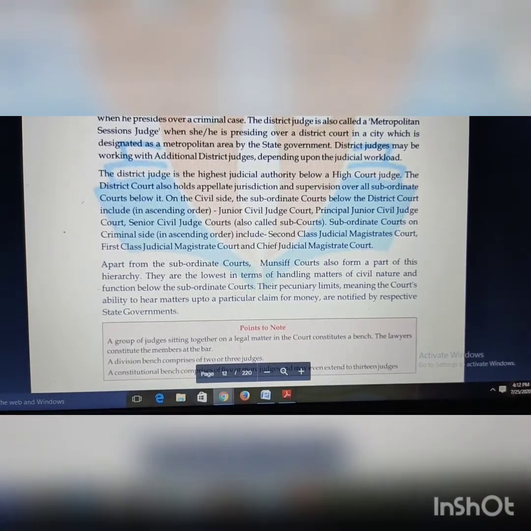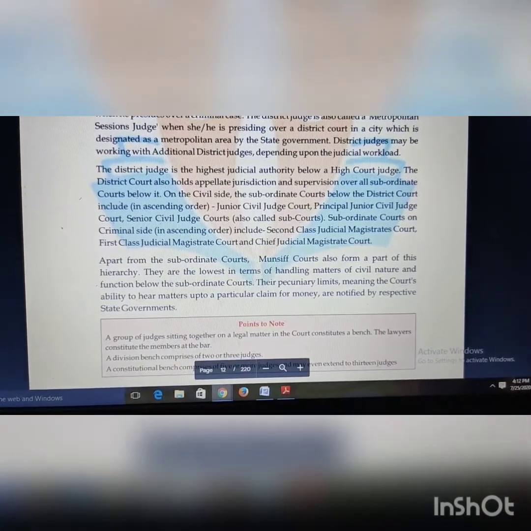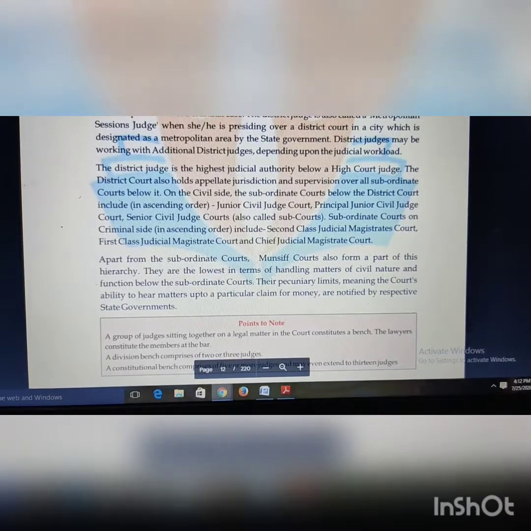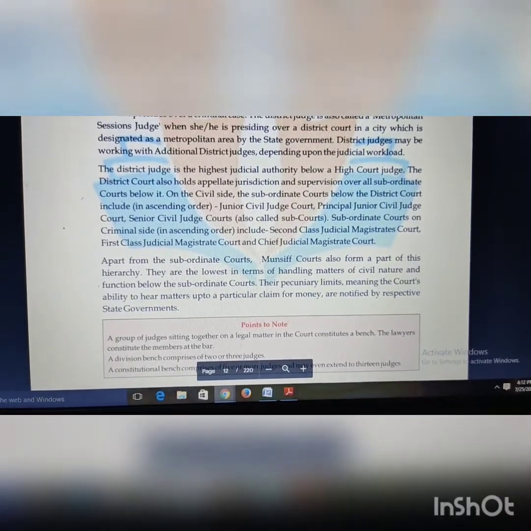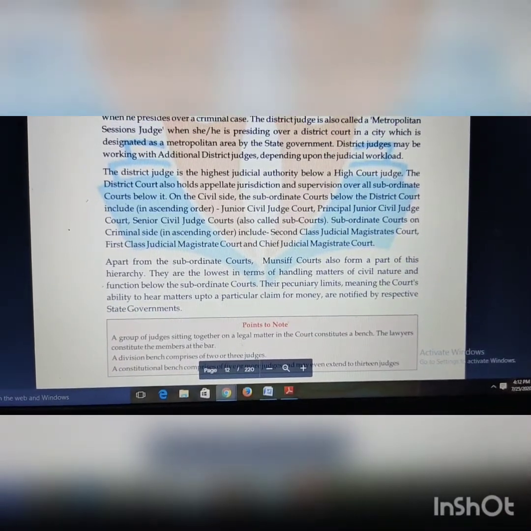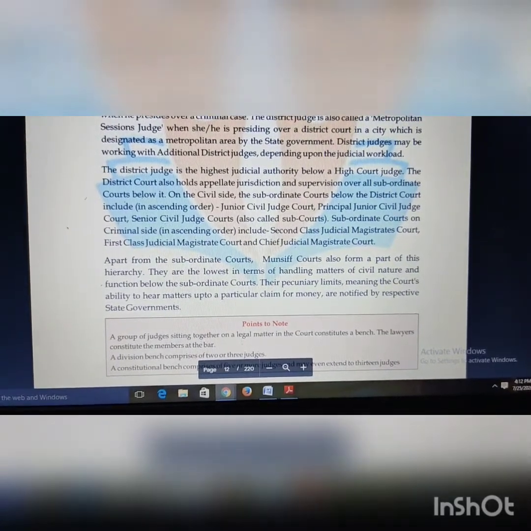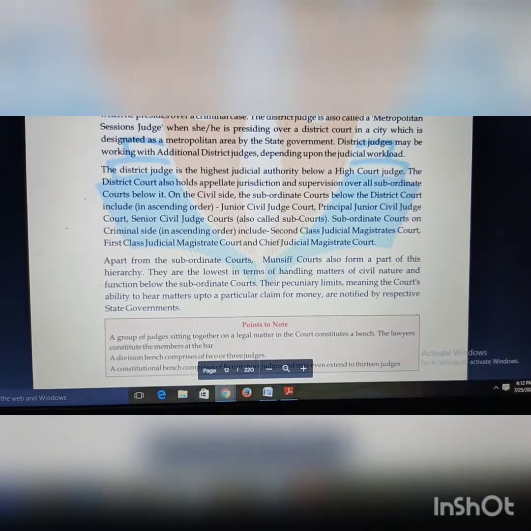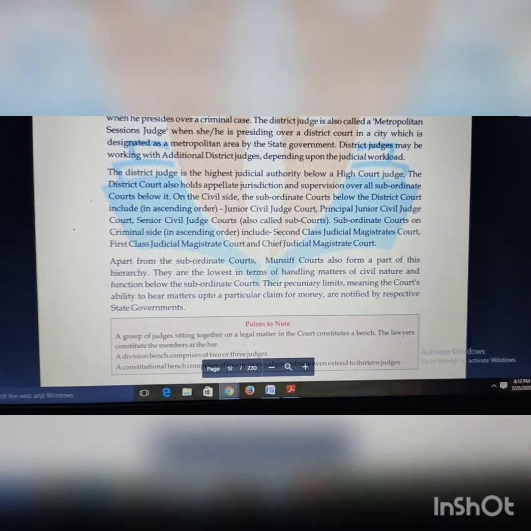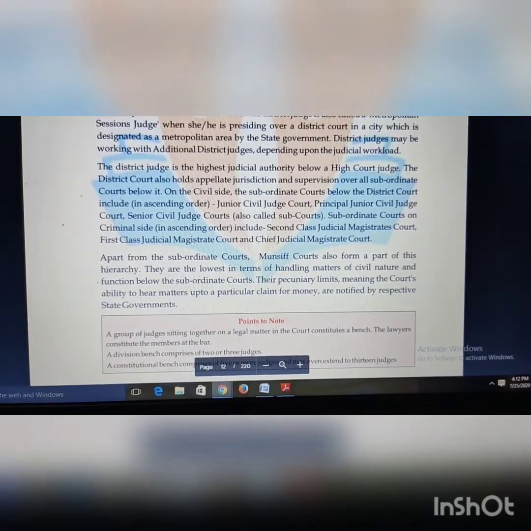The district forums which are made for hearing consumer redressal related matters, as I told you, also hear matters up to a particular limit of money which is set by the state government. For example, the district forums can hear matters up to 20 lakh rupees. Then the state court can hear matters of 1 crore rupees.